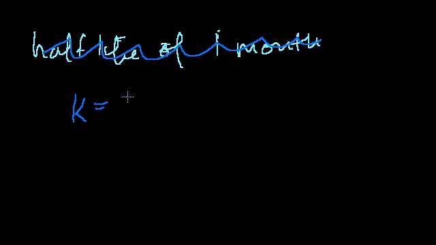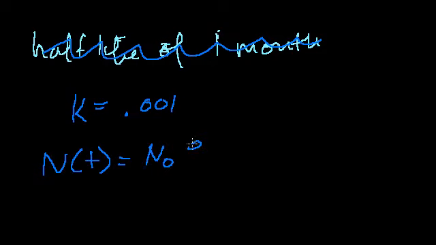You can go from a half-life to a k value, and we did that in the previous video. Let's say my k value is equal to 0.001. So my general formula is the amount of product I have is equal to the amount that I started with times e to the minus 0.001 times t. I gave you this; if you had to figure it out from half-life, I did that in the previous video with carbon 14. But let's say this is the formula.